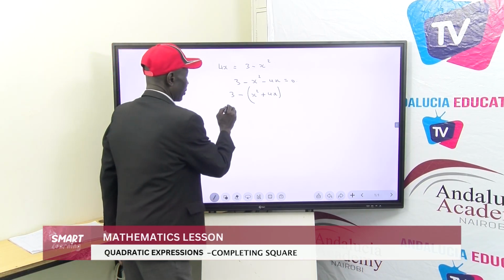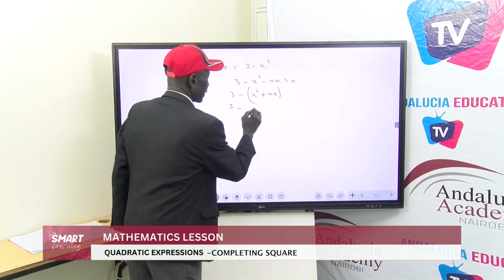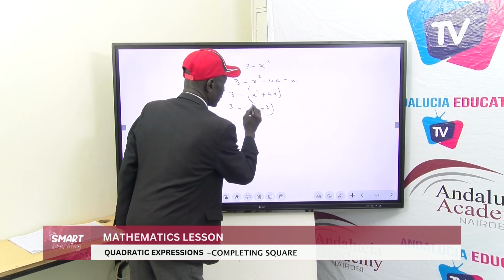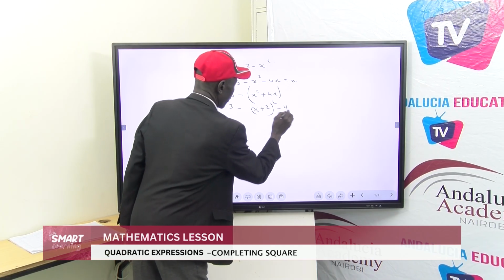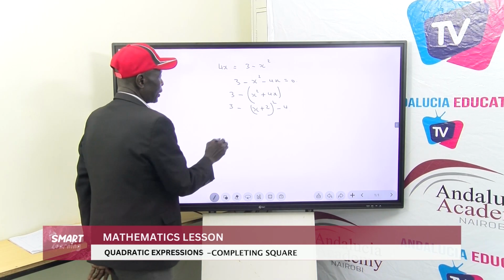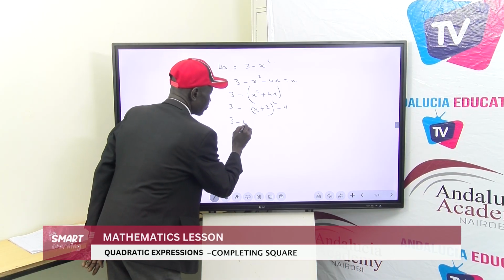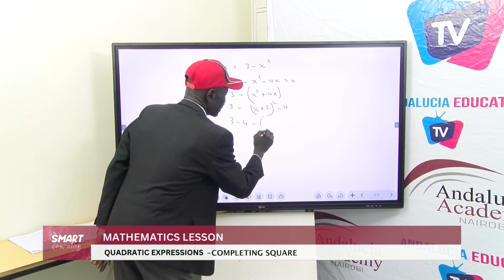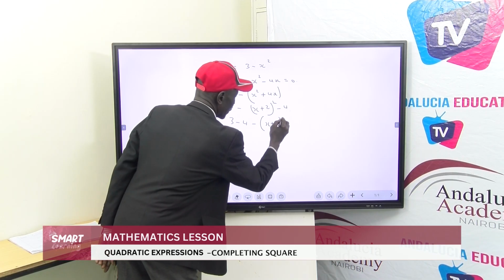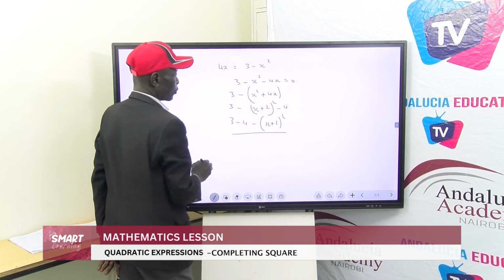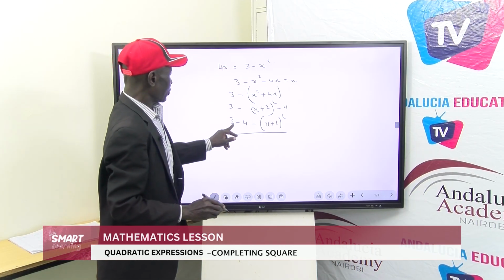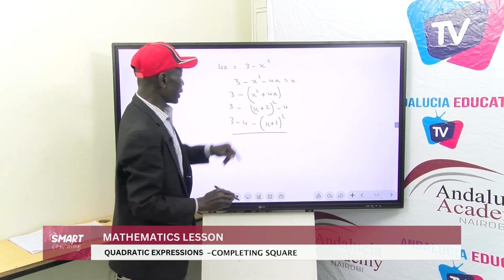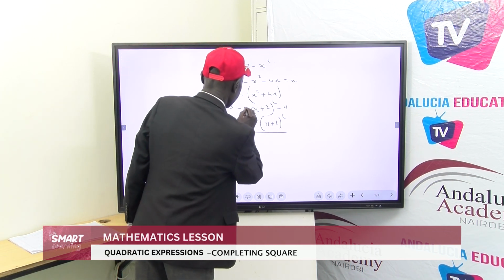We have 3 minus x plus 2 squared minus 4. So our 3 minus 4 minus x plus 2 squared, of course, we remember this one is subtracting a 4 here.